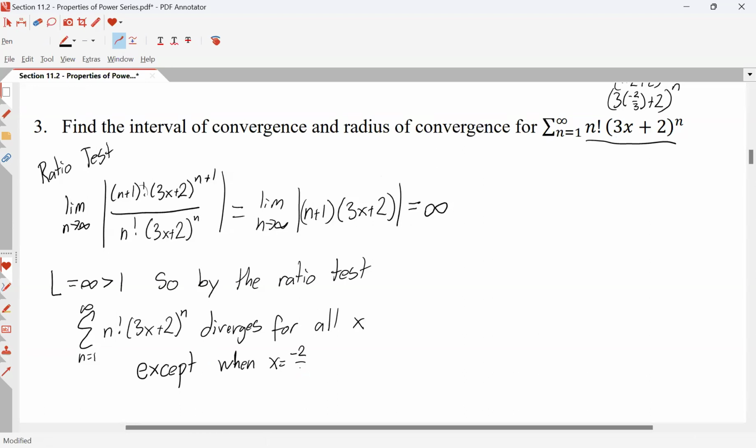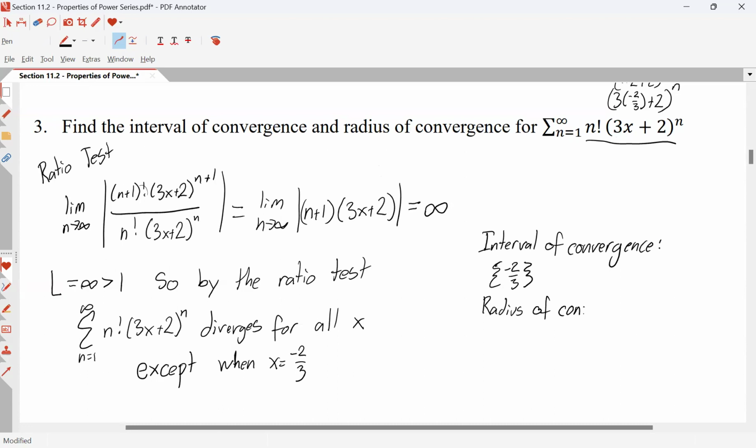So x equals negative 2/3 is the center, and our series diverges for all x except at the center, making our interval of convergence just the point -2/3. That is it.